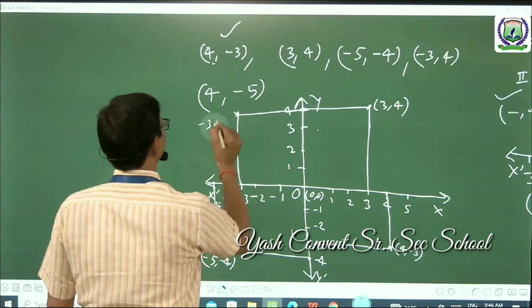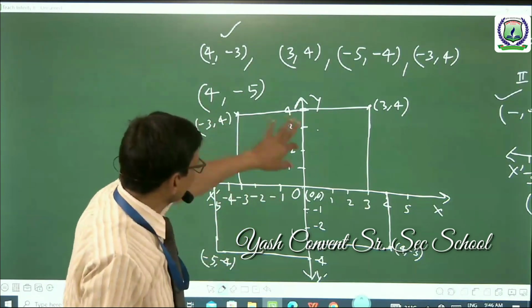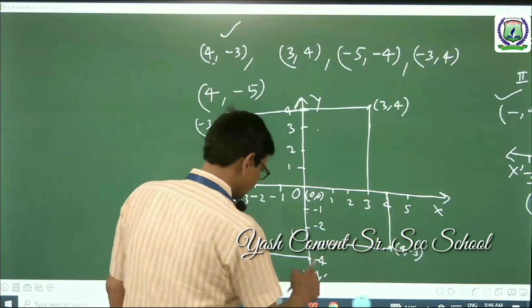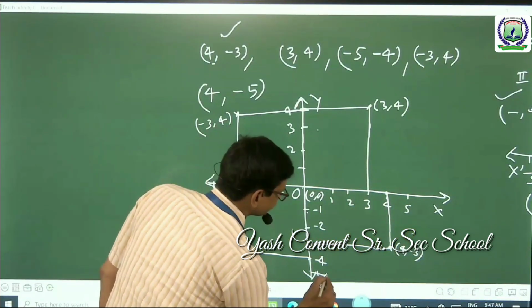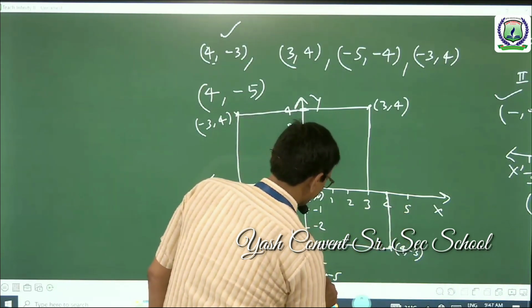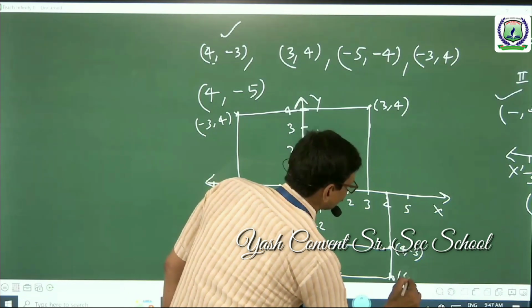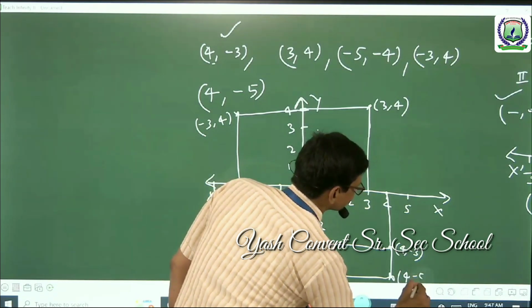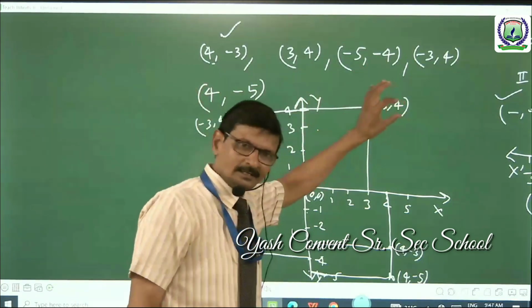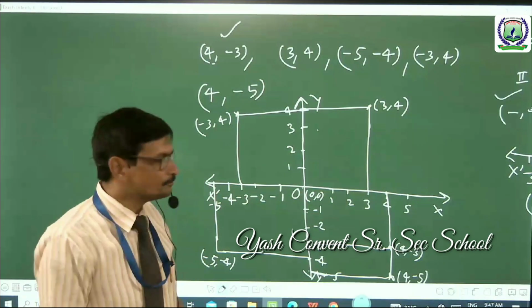And (4, -5): 4 is positive and -5 is downward, so the point comes here. So whatever coordinates we have taken, we plot on the coordinate plane.